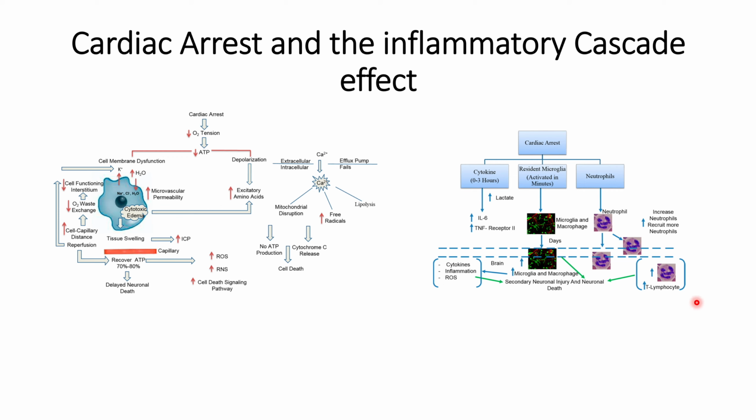And because of inflammation, the immune system will get activated, and the excessive activation of the immune system, such as the excessive activation of T lymphocytes, will cause side effects that might also cause this secondary neural injury and neuronal death.